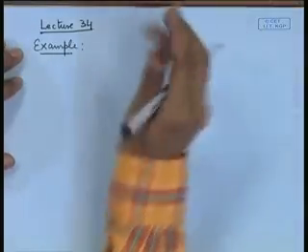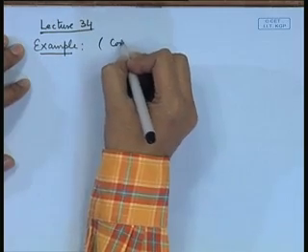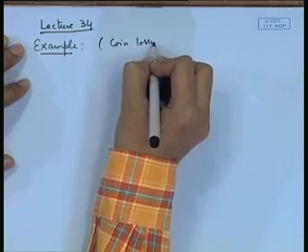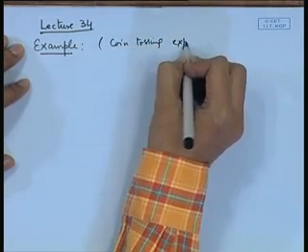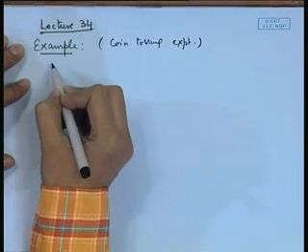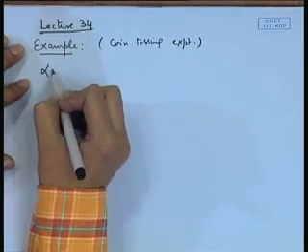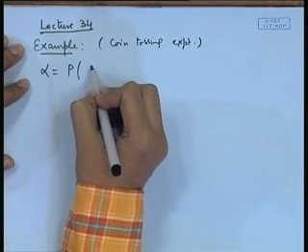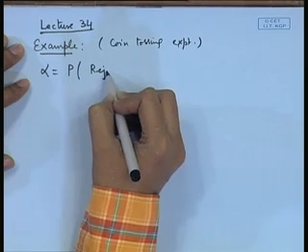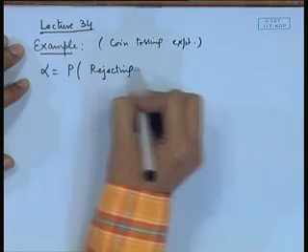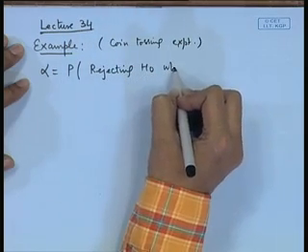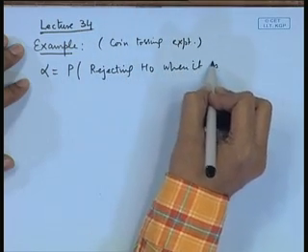So, here alpha, that is the probability of type 1 error, is rejecting H naught when it is true.